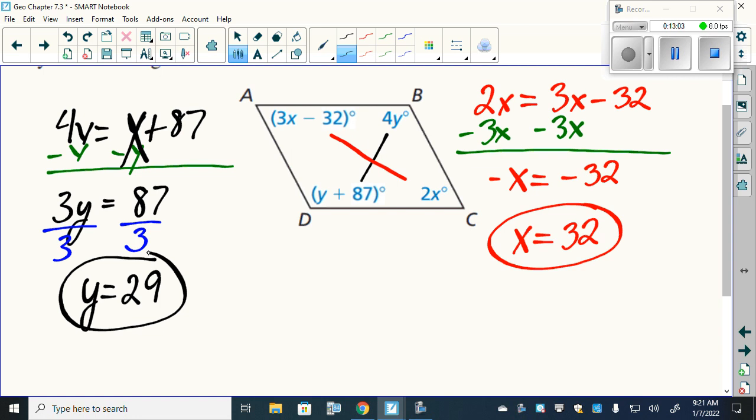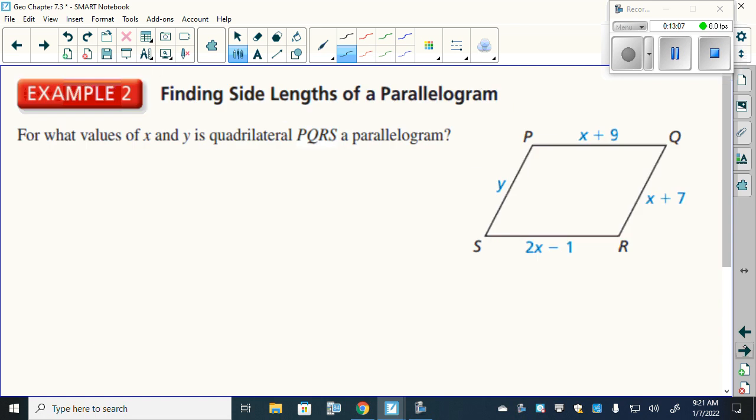Any other questions on this here? For what values of x and y is this quadrilateral a parallelogram? Well, the last one we said if the opposite angles are congruent, then it is a parallelogram.